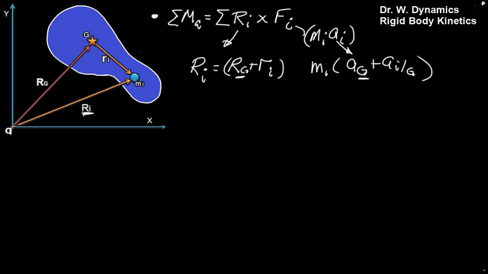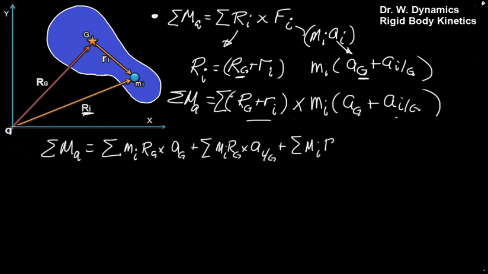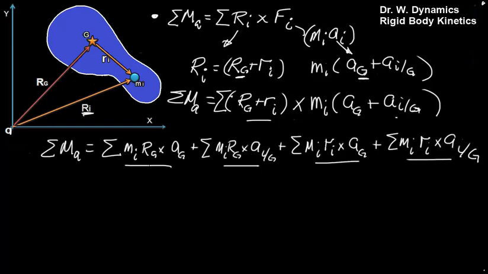If we put all this together, we get that the sum of the moments about A is equal to the sum of Rg plus Ri crossed with Mi times the acceleration of G plus Ai with respect to G. And now we'll do a full distributive property on this, generating 4 terms. Now the first one's easy. Rg is a constant and Ag are constants.